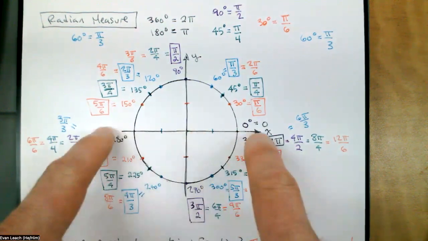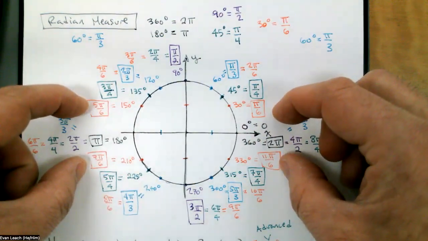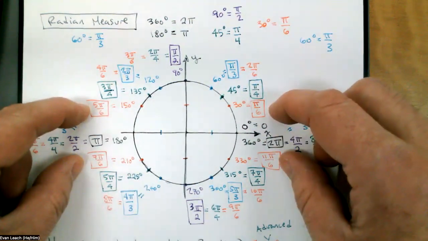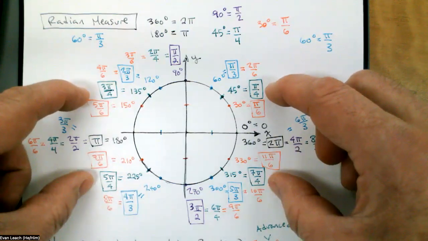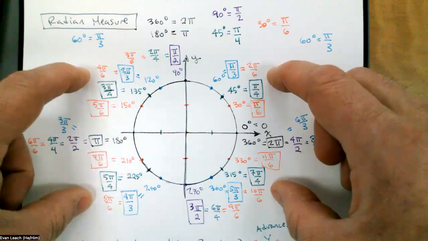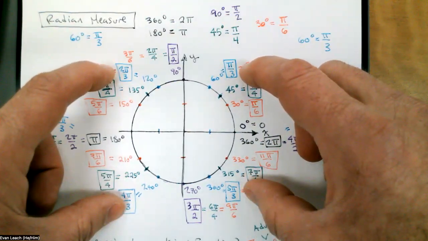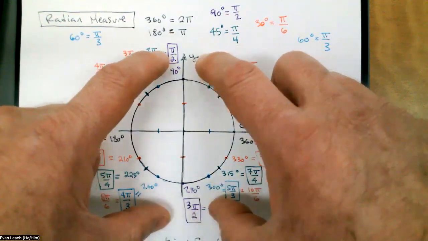But going up from the 0, we've got the 30s, which are the pi over 6s, 1, 5, 7, and 11. We've got our pi over 4s up from that, 1, 3, 5, and 7. And above that, we've got our pi over 3s here, up here, 1, 2, 4, and 5. Then at the top, we have pi over 2 and 3 pi over 2.